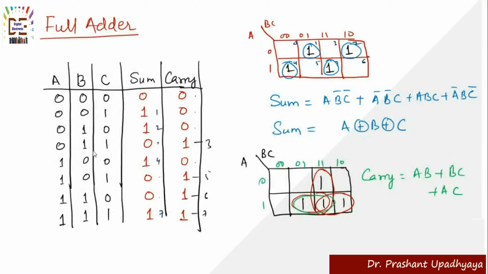I am writing A, here B, and here C. So what was my expression for the sum? My sum expression was A XOR B XOR C, and my carry was AB plus BC plus AC.